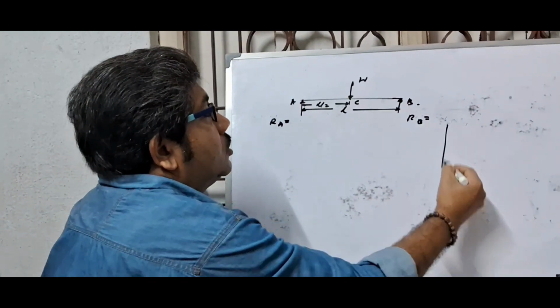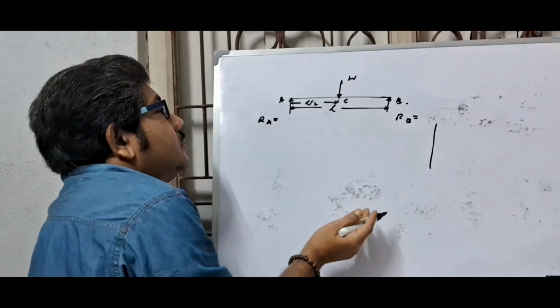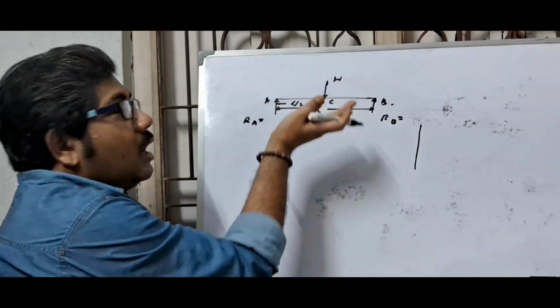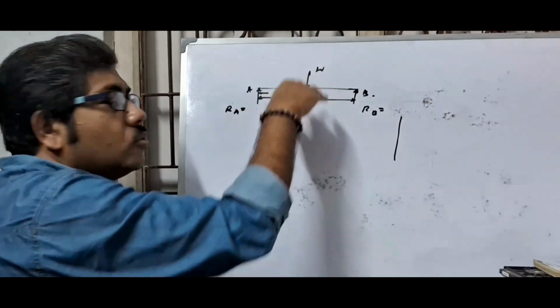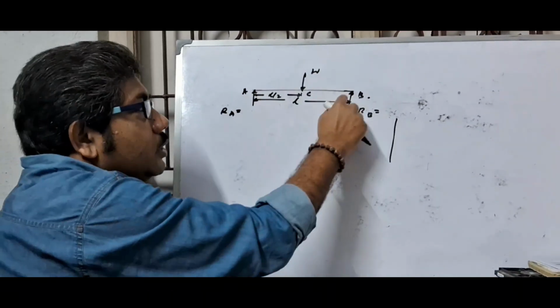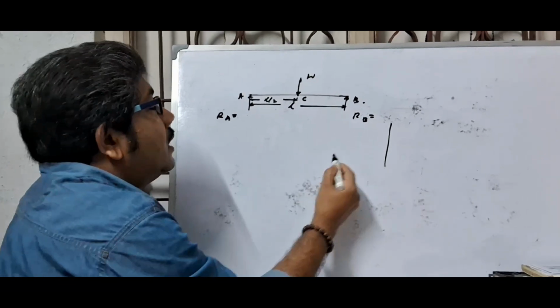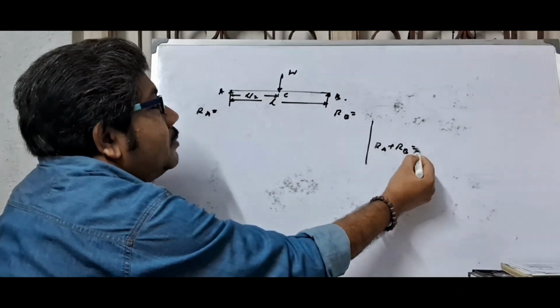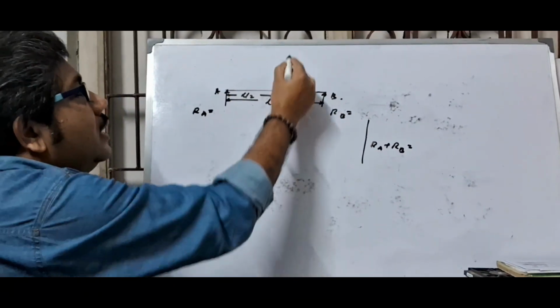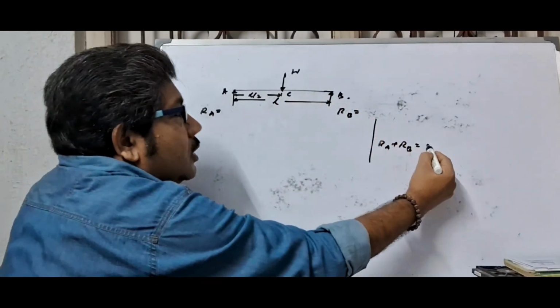Okay, so at first, total upward force equals total downward force due to equilibrium of the beam. So here RA plus RB is the total upward force, and the total downward force is W.